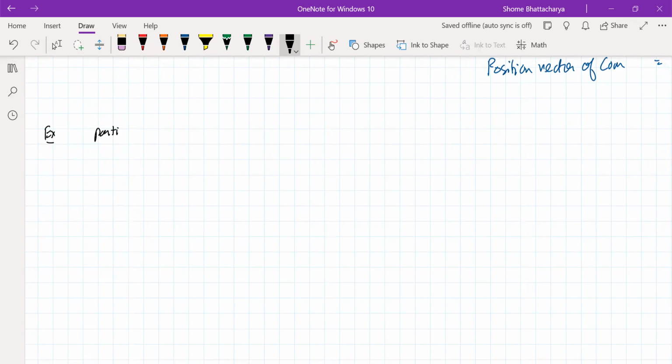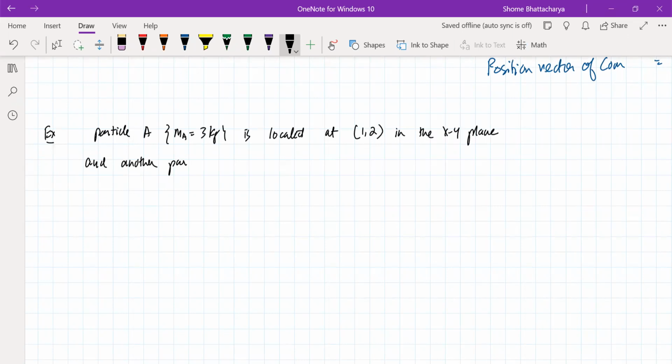Particle A of mass 3 kg is located at the point 1, 2 in the xy plane, and another particle B of some mass that we don't know as of now is at, let's say, minus 3 comma y, where its y coordinate is also unknown.